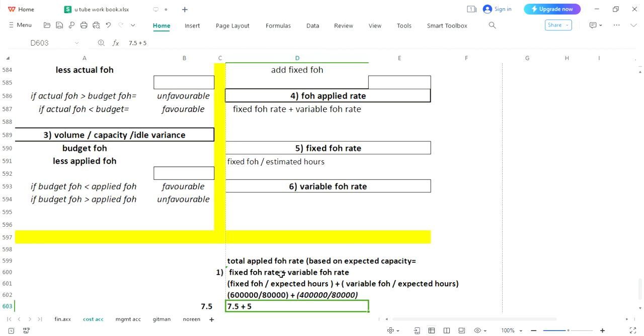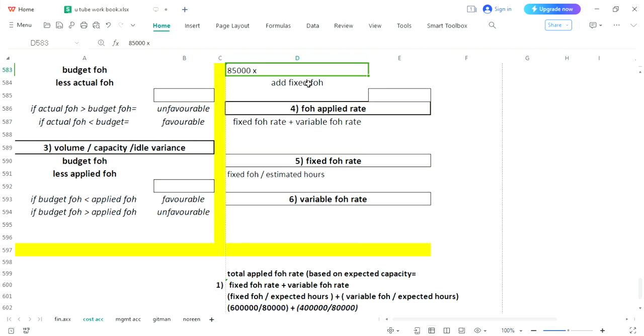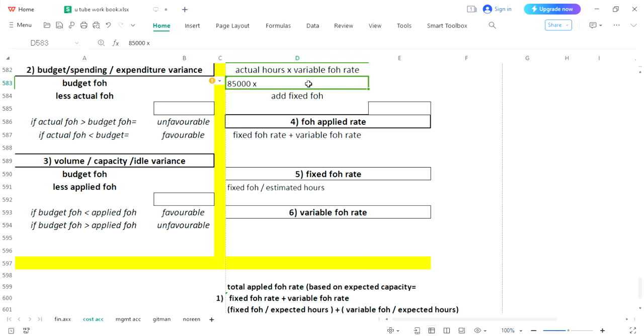This was applied FH rate based on expected capacity. And there are two rates. First rate is fixed and second is variable FH rate. You can see second rate is 5. So we will pick it to calculate our budget FH rate. 85,000 would be multiplied by 5.